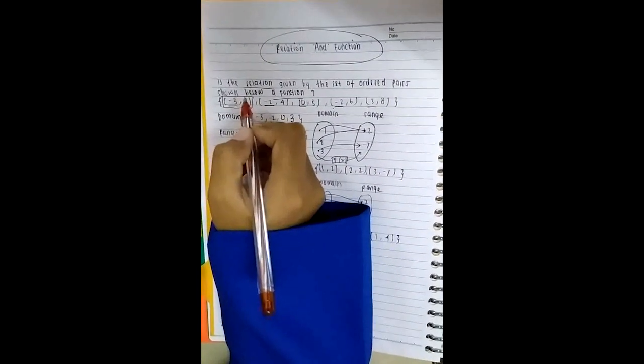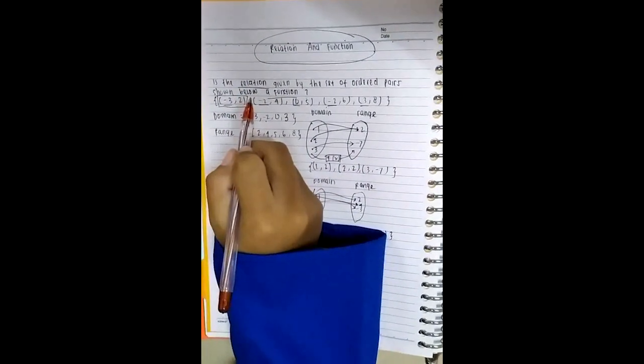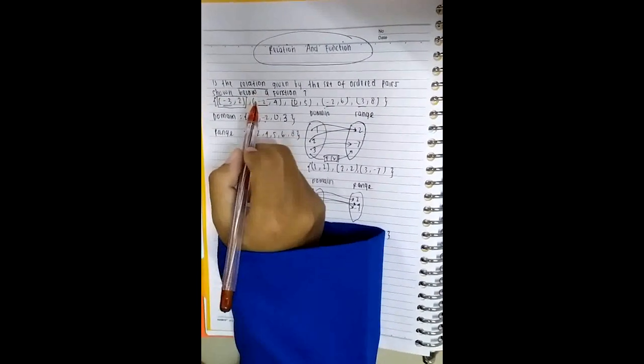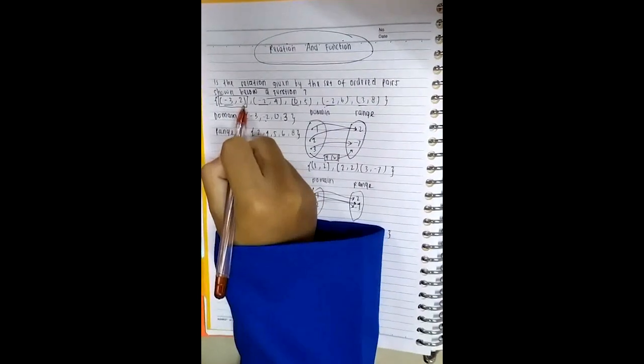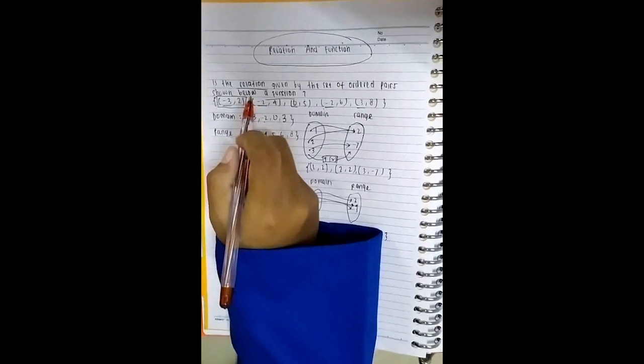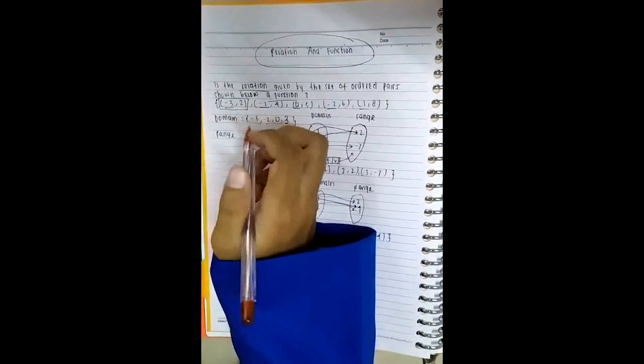So negative 3 is associated with 2, it's mapped to 2, based on this ordered pair right over here.